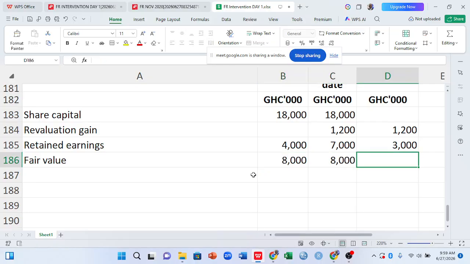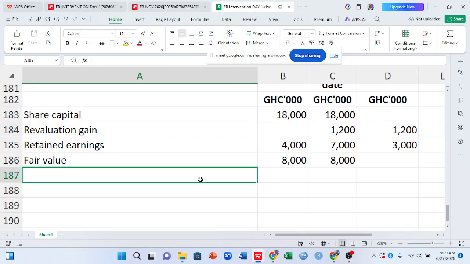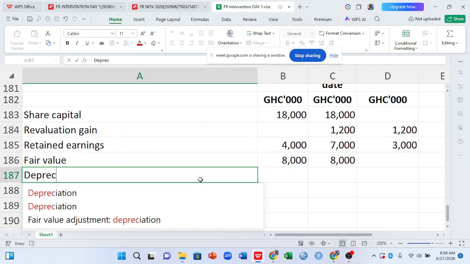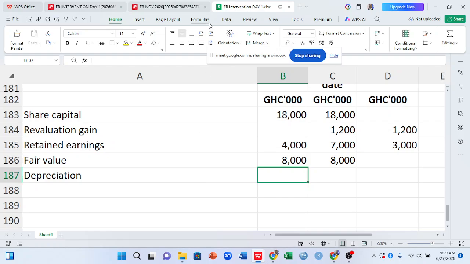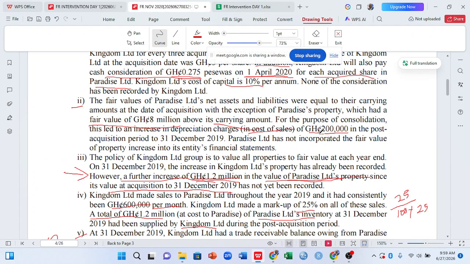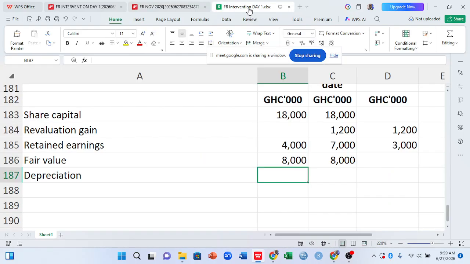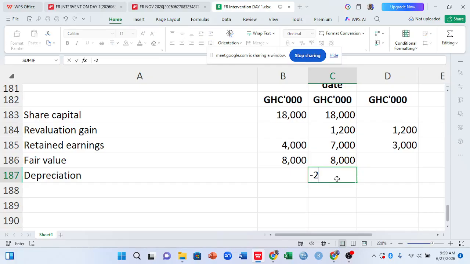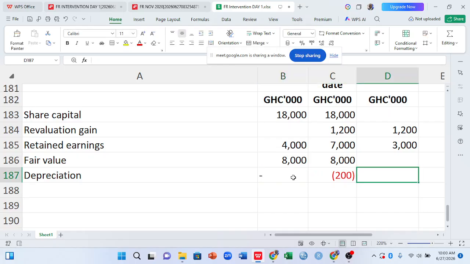in that case. Then we bring the depreciation in that respect. The question gave us the depreciation too on the fair valuation to be 200,000. So yeah, we record that as 200. In that case, here we dash and then 200 here come in.